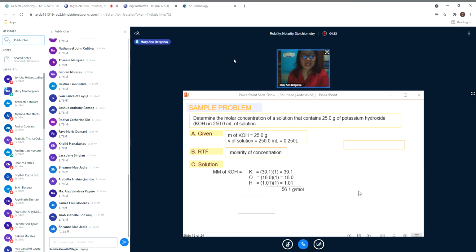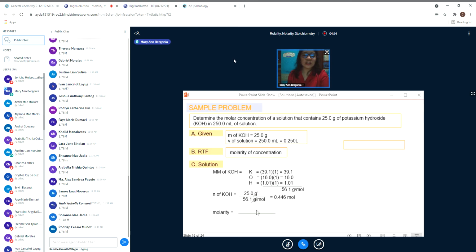That will give us an answer of 56.1 gram per mole. Next, for the mole of our potassium hydroxide, we have 25.0 grams divided by 56.1 gram per mole. Cancel grams, cancel grams. That will give us an answer of 0.446 mole.